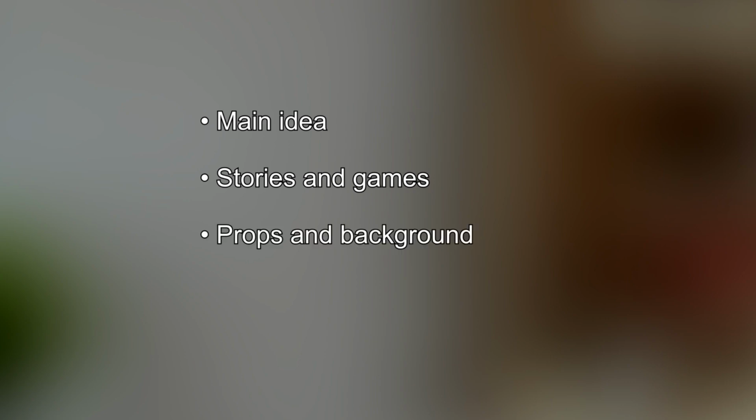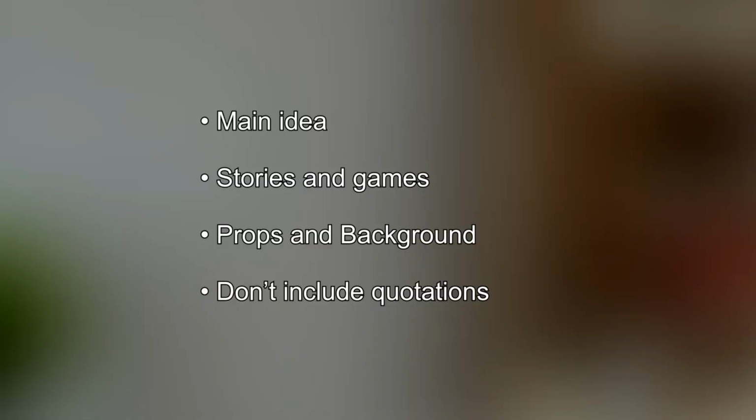And you can talk about the props, the background for the activities and how they can stimulate the learning process and make it interesting for the learners. Games do provide a context because it is always fun and enjoyable for the young people. So these are the main points, and you can take it down in the form of points, bulleted points or abbreviations as you might like to do it.